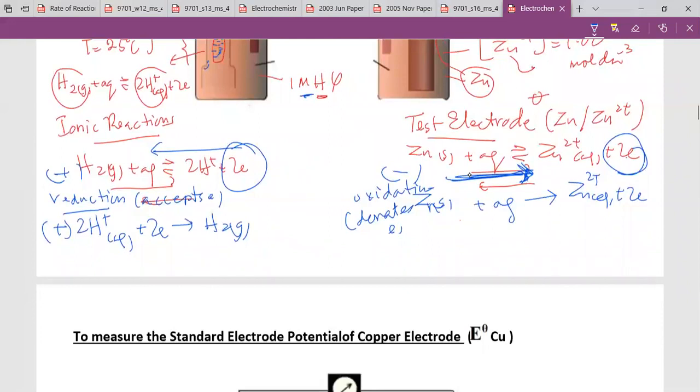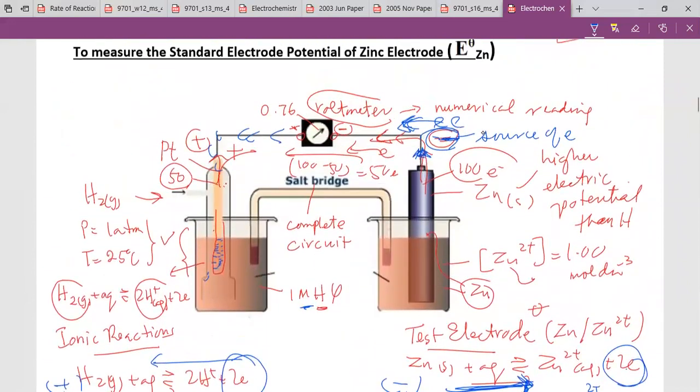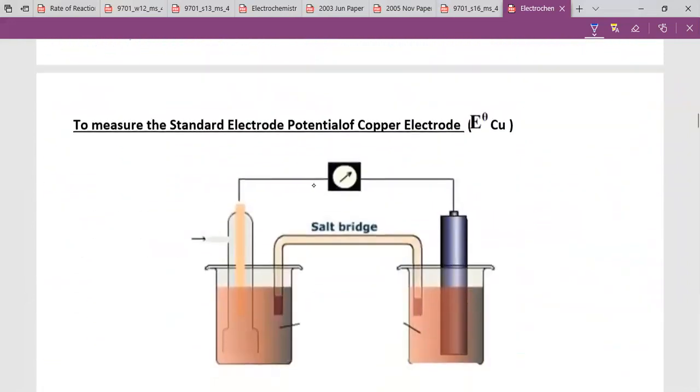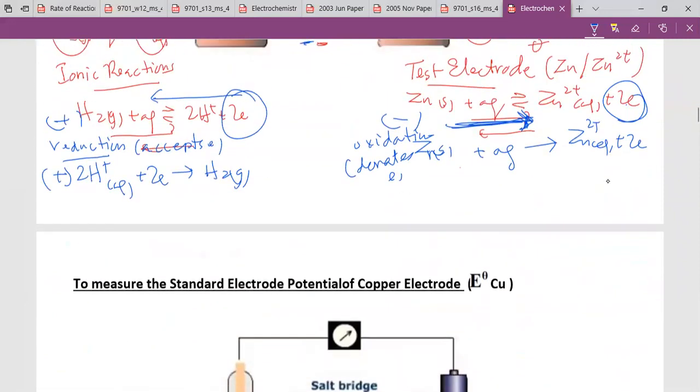As long as you keep the key closed, the electrons flow. These are the two equations. The overall equation, you just add them up. So you put 2H+ plus 2e- going to H2 gas, and you have zinc solid.